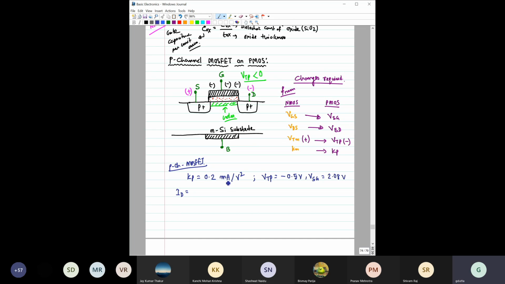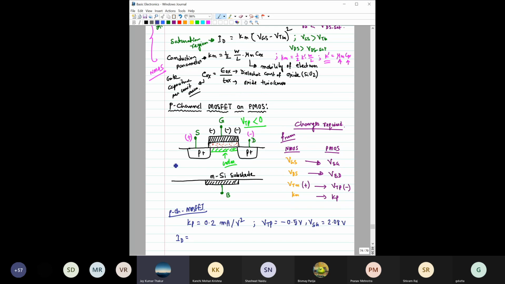So, folks, how should we approach this? What should be the equation? Sir, we know the equation for the NMOS, so we can translate the factors into it. Right.